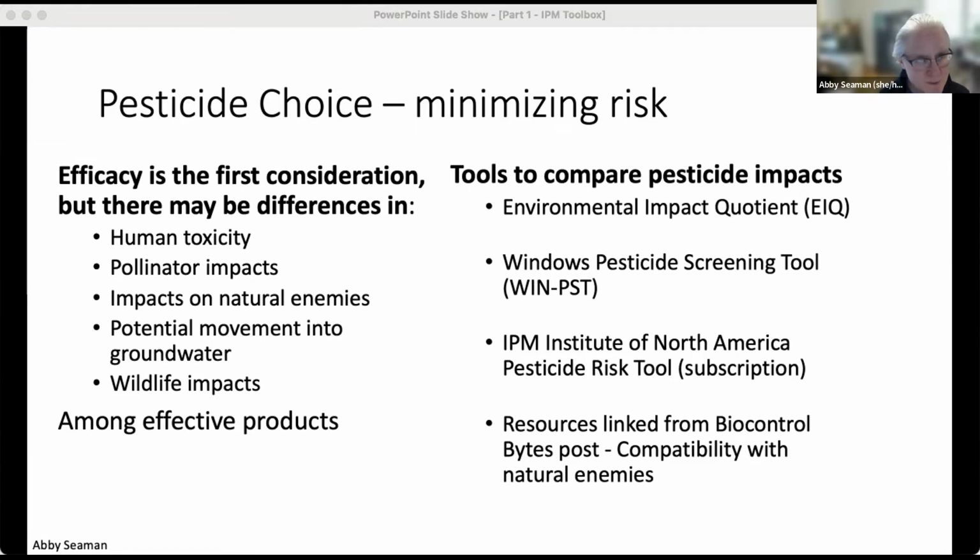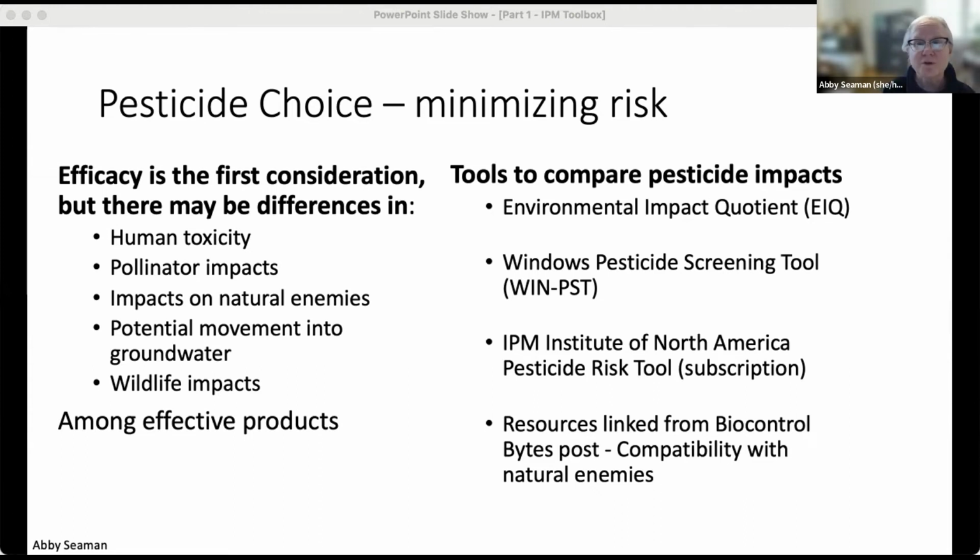So of course, we want to choose the most effective pesticide that we can always. But when we have a choice within several or more effective pesticides, we want to take into consideration all of these different factors, including, is it something that's going to have the potential to move into groundwater? That's always a bad sign. Is it something that's going to have the ability to impact wildlife around your fields?